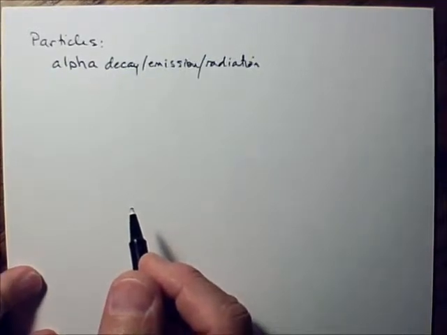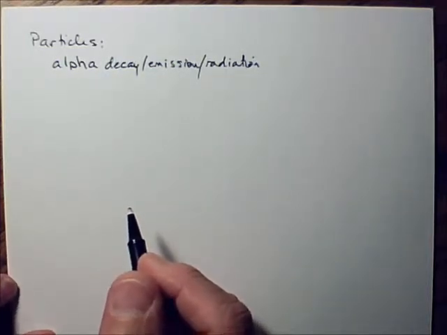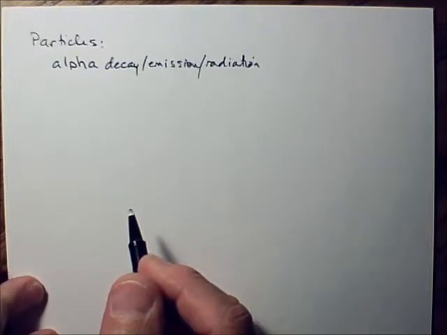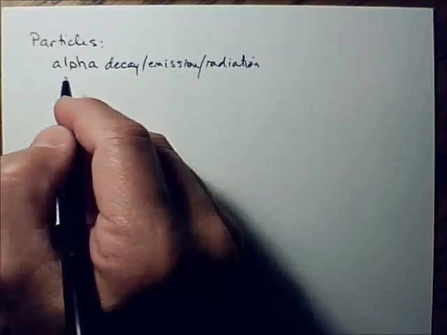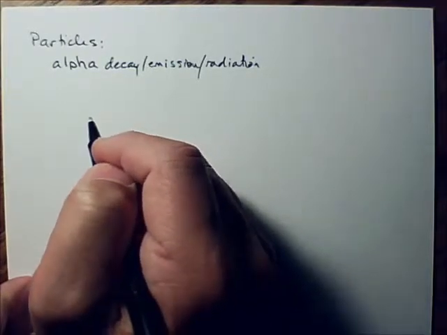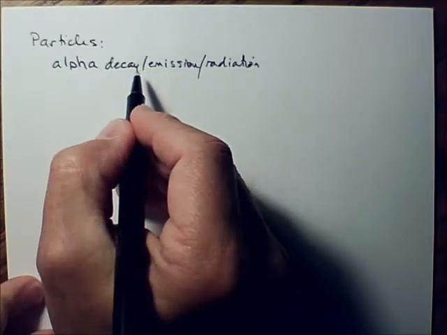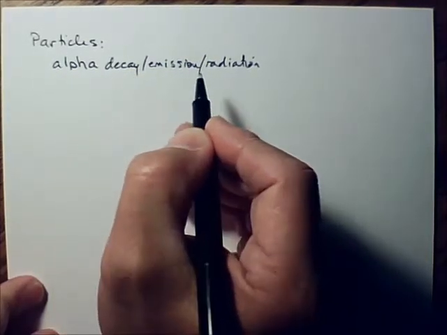Yes, you can. But I want to answer it in just a second, and I'm going to get to it very shortly. What you saw in the cloud chamber was evidence of alpha radiation, alpha decay, alpha particles.